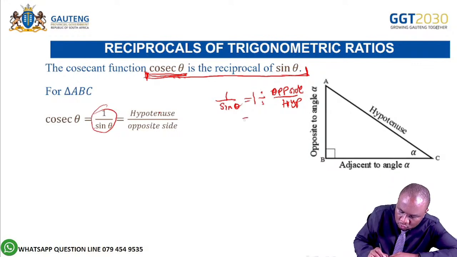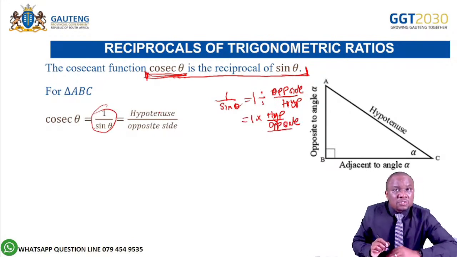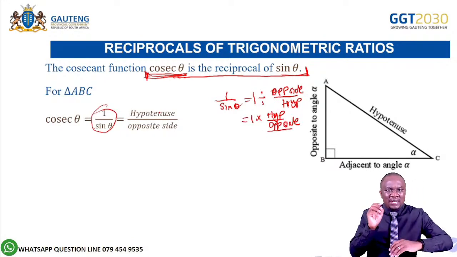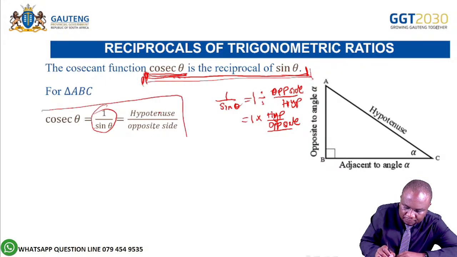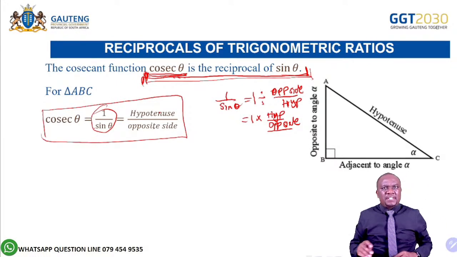So it becomes 1 times hypotenuse over opposite side. You see that? So that's the reciprocal. I want you to write this part for 1 minute, from there up to there, and then just this part. Just those two for 1 minute. Let's do that.